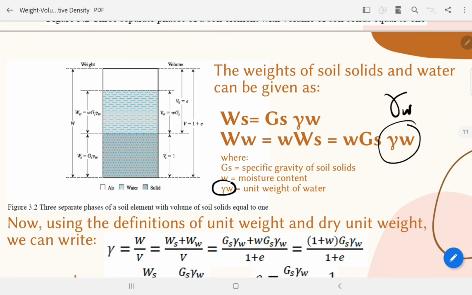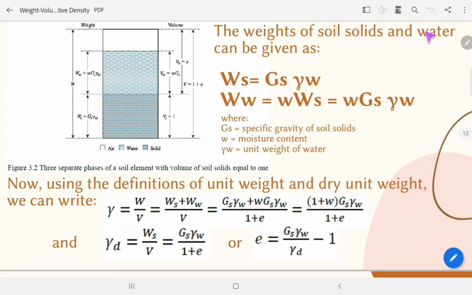And we can replace WS by GS gamma water and WW as omega GS gamma water, and then V, or the total volume, is 1 plus e, right? Since volume of soil solids is equal to 1, volume of voids is e, then the total volume is 1 plus e. Then, we can factor out GS gamma water, leaving 1 plus omega inside the quantity, and we have GS gamma water all over 1 plus e.